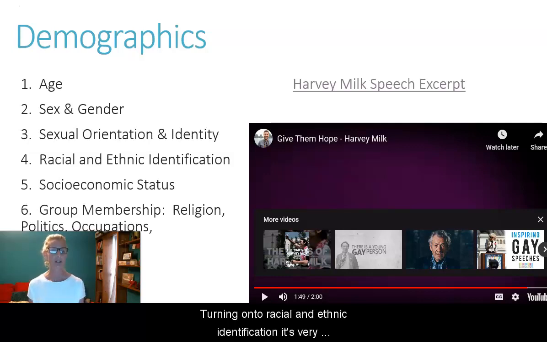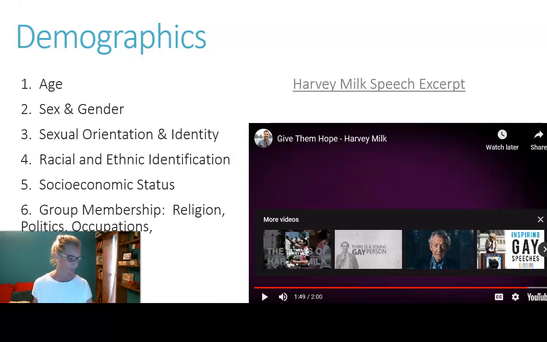So moving on to racial and ethnic identification, it's very important that as public speakers we're very sensitive also to race and ethnic identification. And it will make you a more effective speaker. So race indicates a group of people identified as having the same physical characteristics based on genetic heritage, visible traits, or social relationships.